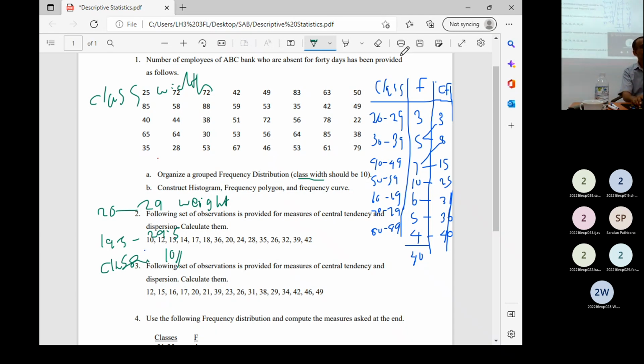Right, another term you need to understand, that is class mark. Otherwise, it is called mid value.